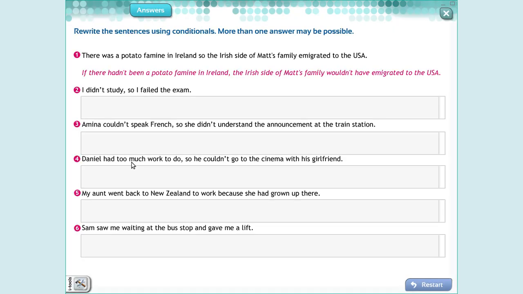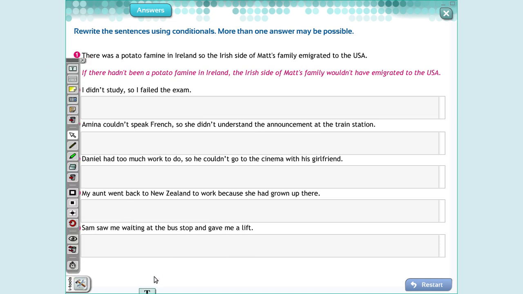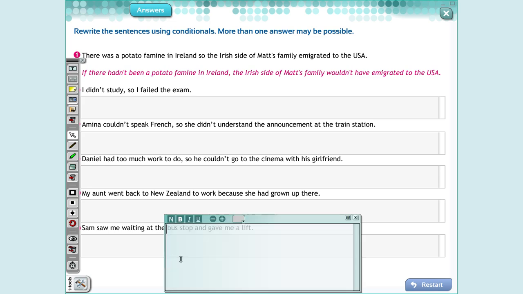The first one, exercise 1, we are going to use the third condition. All the sentences are in the third condition. So remember, third condition, let me write in here if you don't remember. Third condition, we use if, my subject, had, my verb in the third column, and would, have, and my verb in the third column again.